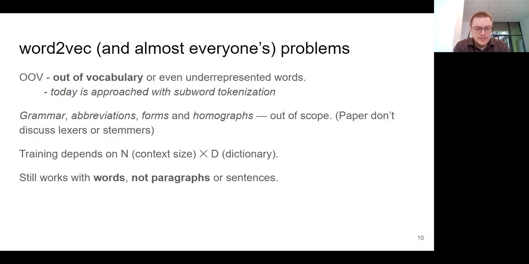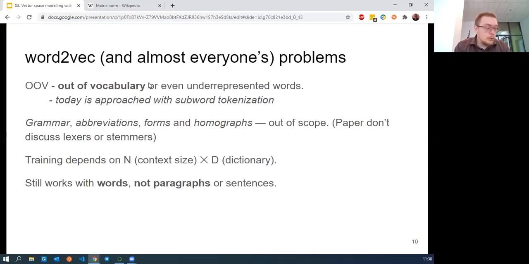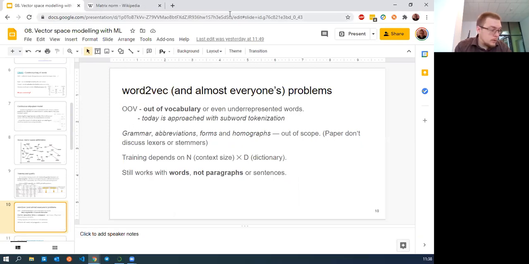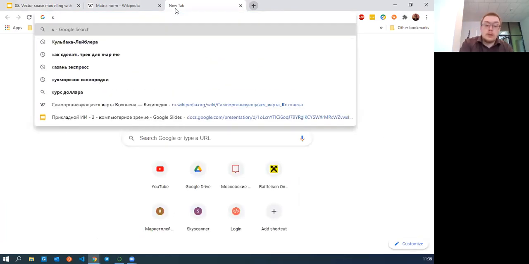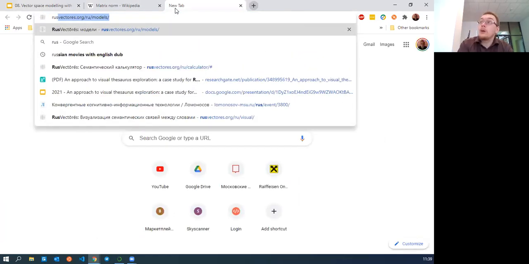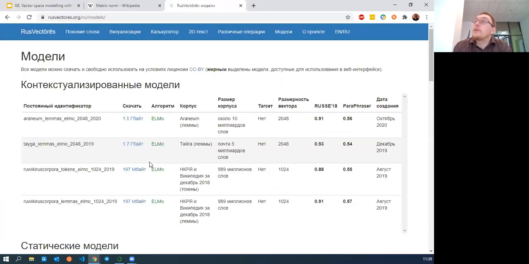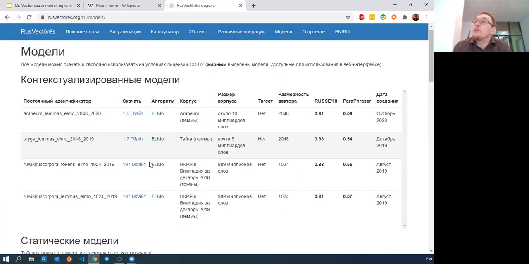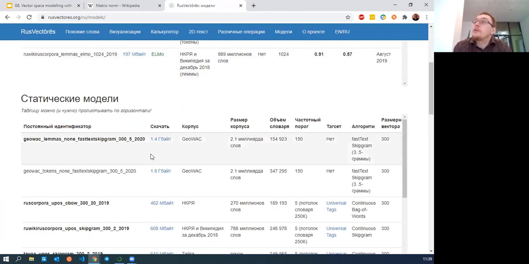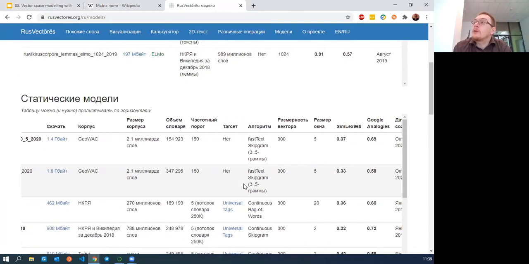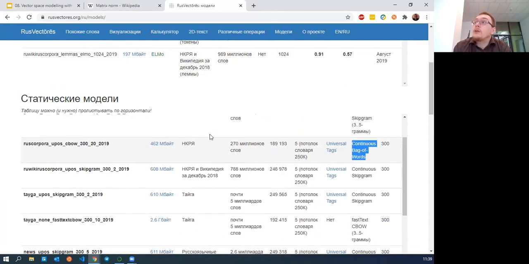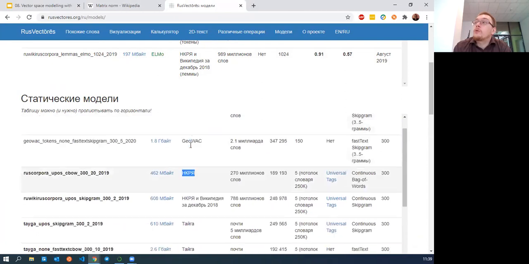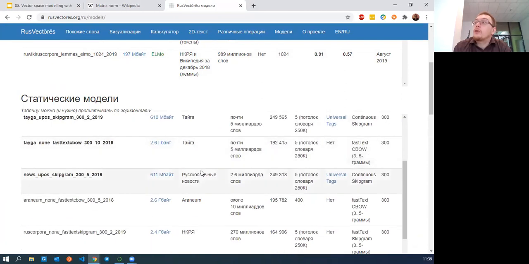I'm not sure that other students can see. There is a website called RusVectores, and here are different models trained on different data sets. For example, continuous bag of words. There are data sets which used the National Corpus of Russian Language and others like Russian News and so on.